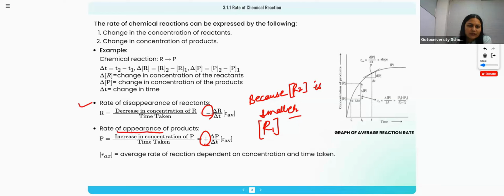So the rate of appearance of product is the increase in concentration of product over the time taken, which again is T2 minus T1, that is delta T. It will be a positive value. And what is RAV? It is the average rate of reaction, dependent on concentration and time taken.